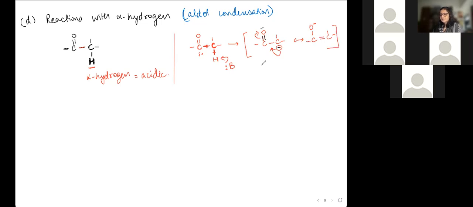Okay. So the essential reason behind all of this happening is that this C double bond O is electron withdrawing and pulls these electrons towards itself. Because it is electron withdrawing, it stabilizes the conjugate base.